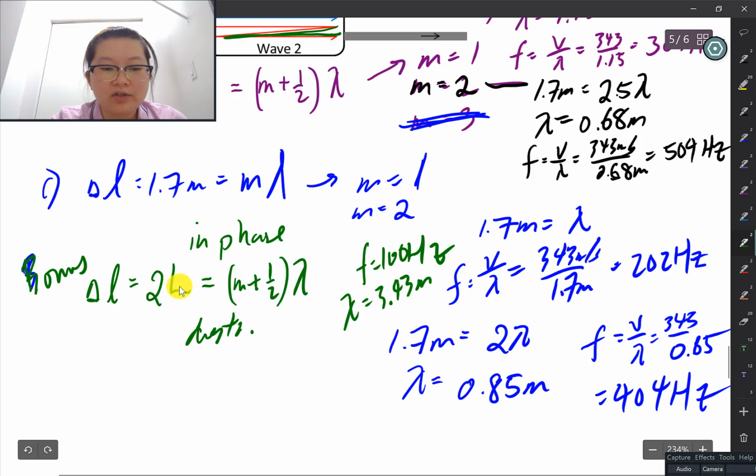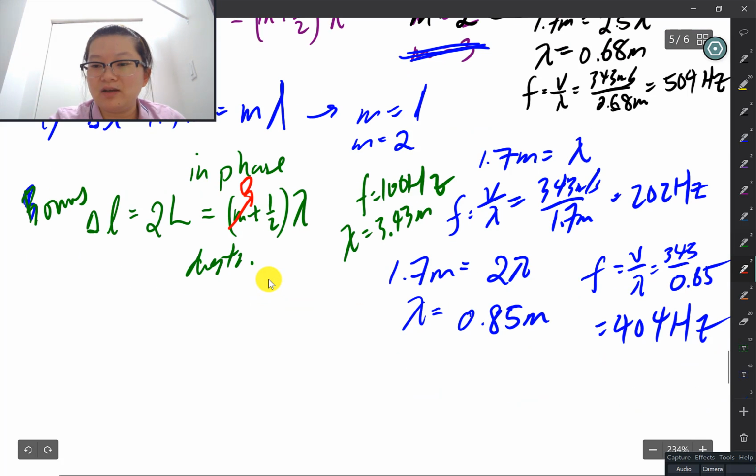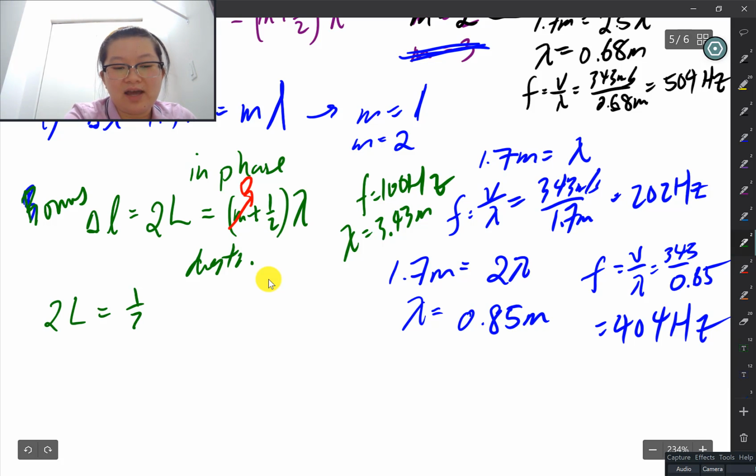If we want to make L as low as possible, we need to make m as low as possible as well. So m could be 1, it could be 2, but it could also be 0. If m is 0, then it goes out of this equation. It just becomes 0, meaning we're going to be left with 2 times L is equal to 1/2 of our wavelength, which is 3.43 meters.